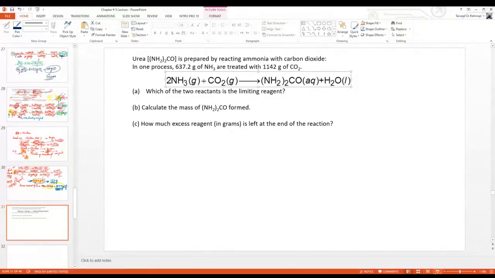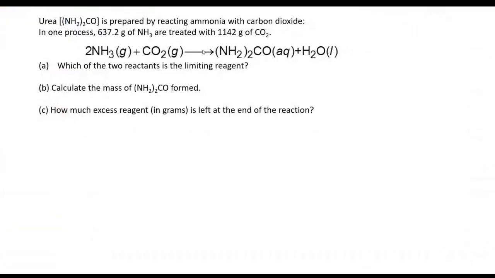Okay friends, now come to our discussion. Let's do it again. Here we have a question. The question is, urea is prepared by using ammonia and carbon dioxide. Can you see this slide? Yes.